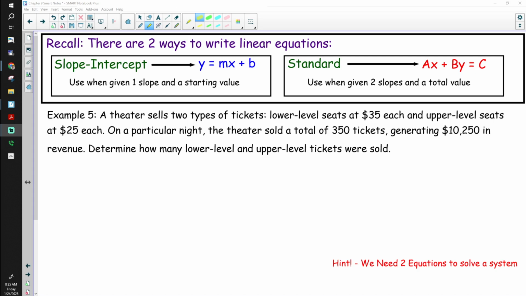There's a lot of words to pick from. Standard form has two slopes and a total value. What one word in here tells me I need to use standard form, most likely?